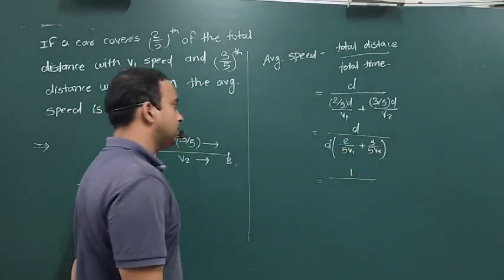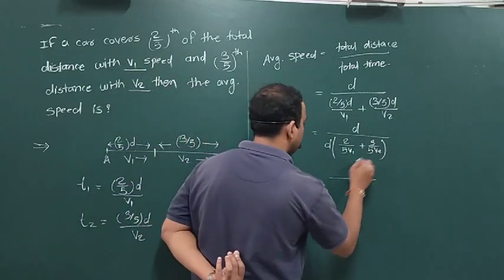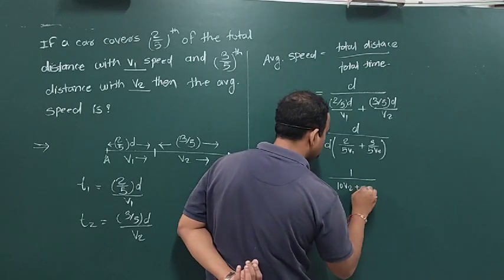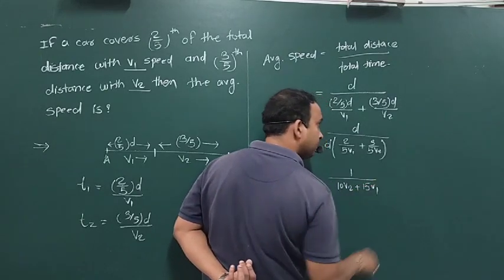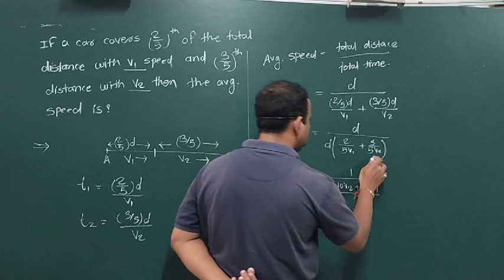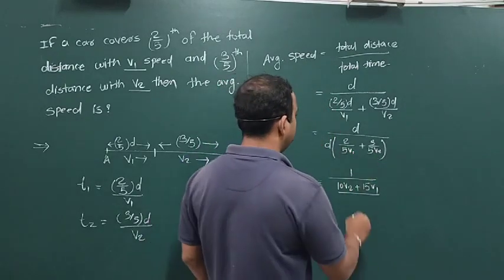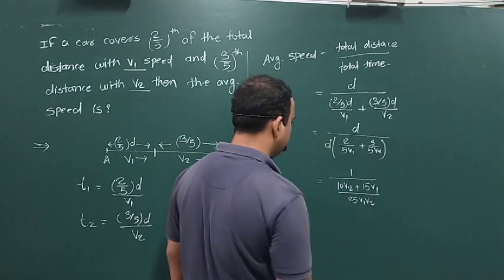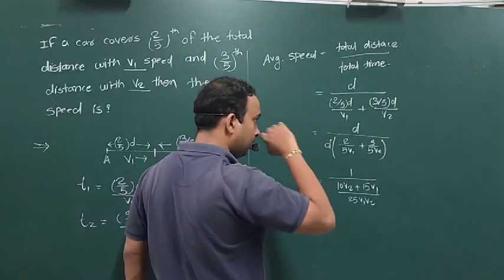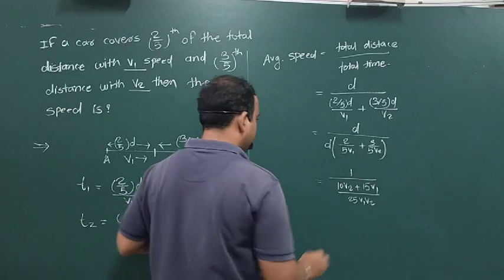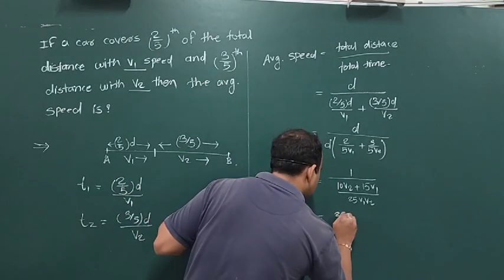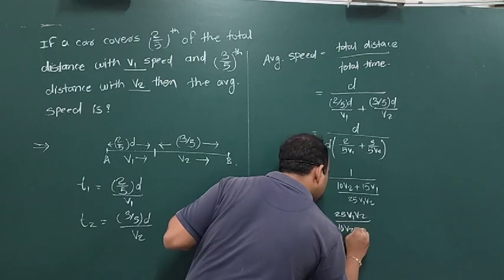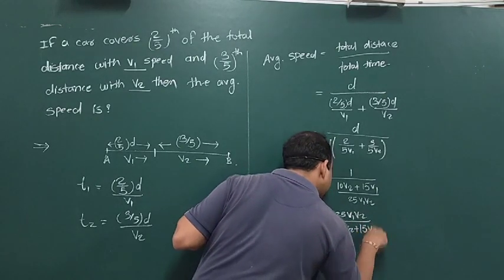Cross multiply, so 2 5s are 10 v2 plus 5 v1 divided by 25 v1 v2. Okay, we take this to the upper side, so we get 25 v1 v2 divided by 10 v2 plus 15 v1.